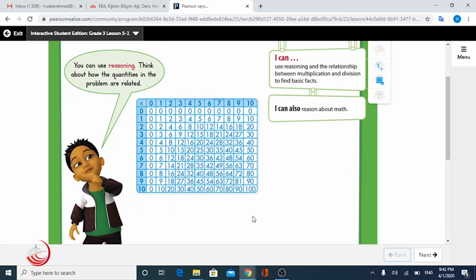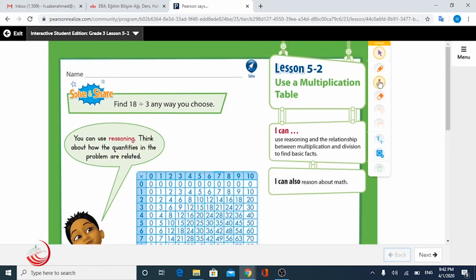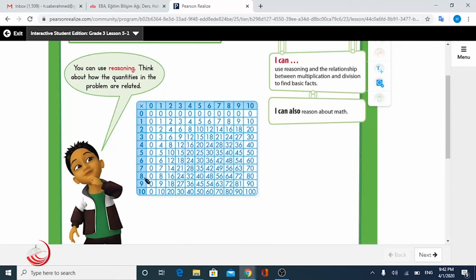All right, now I know the first factor, which is 9. Now I will find the product, which is 63. So how will I go? I'll go across until I find 63.